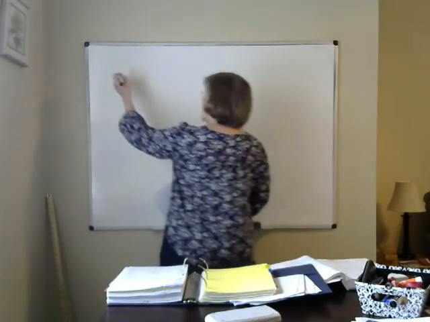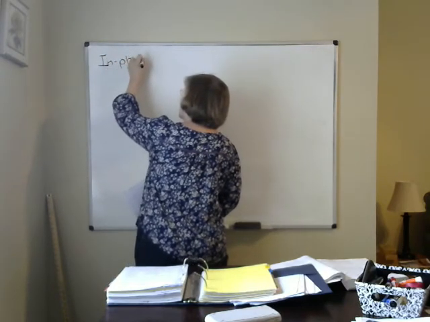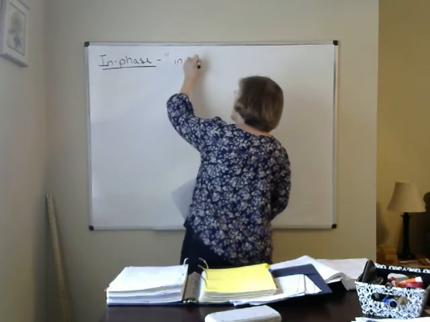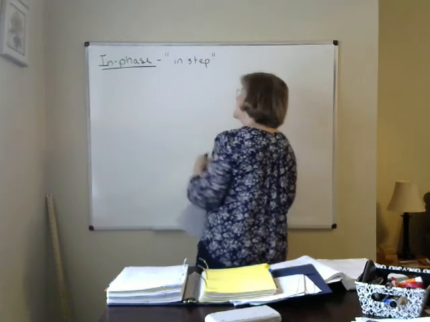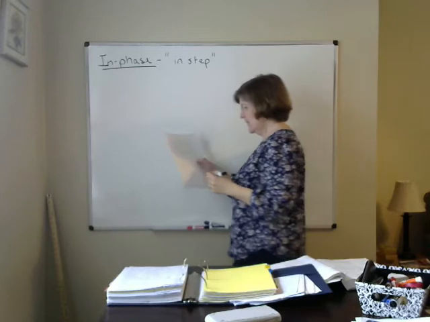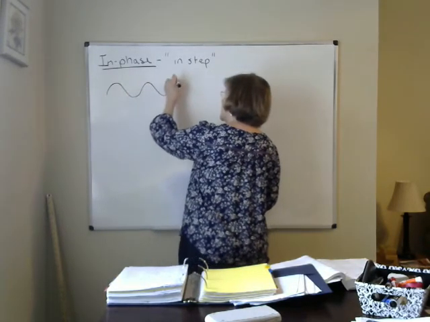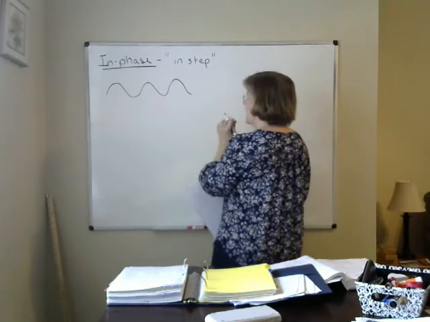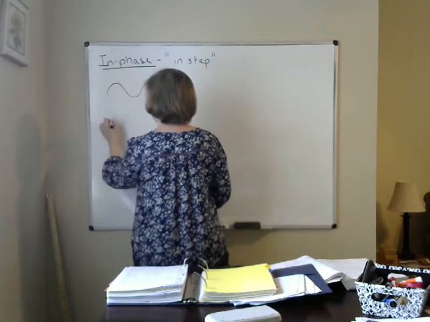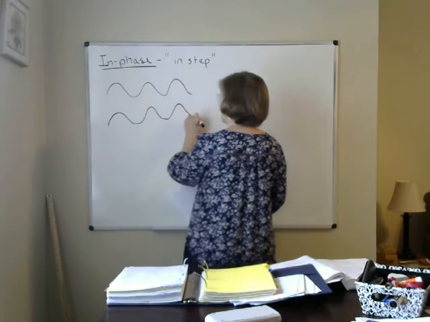If I have two waves that are in phase, you can almost think of that as being in step. Their peaks occur at the same time and their low points occur at the same time. If I draw it, let's just draw your basic wave, and another wave where the peaks are at the same time and the lows are at the same time.